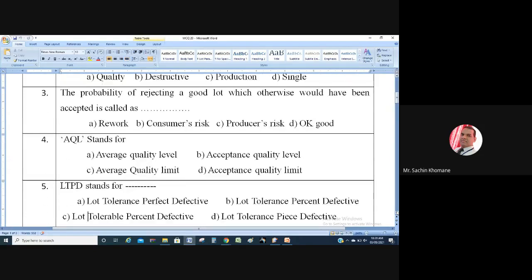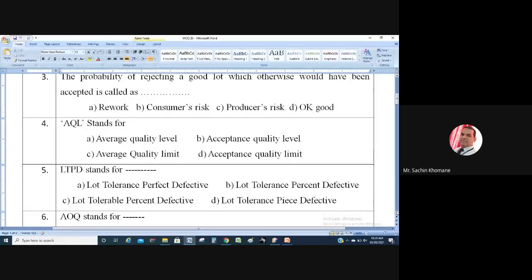Okay, so long forms you can remember: LTPD, lot tolerance percent defective. What is the answer? At least answer one.